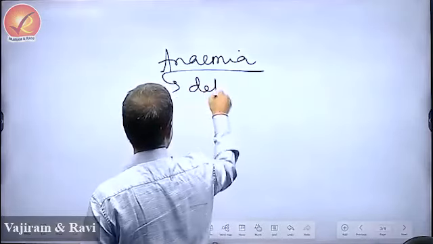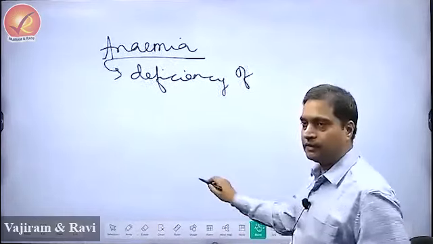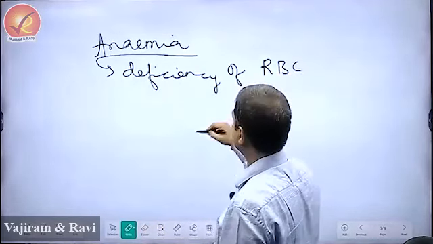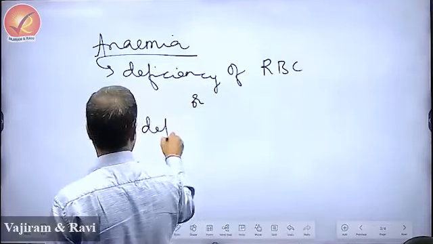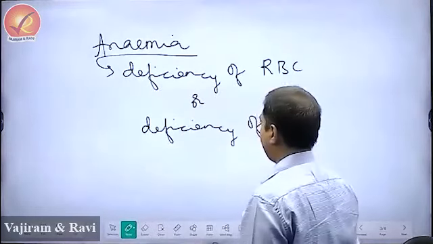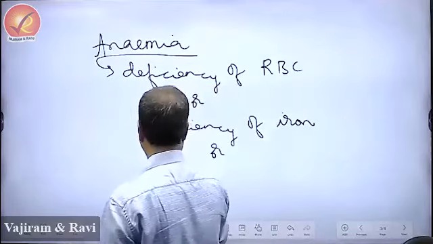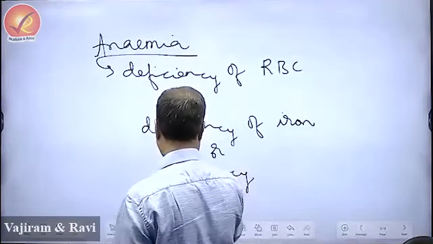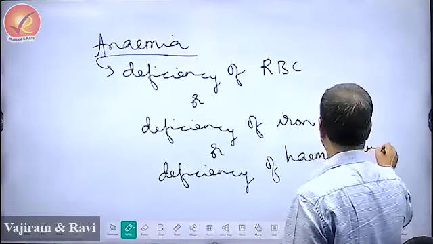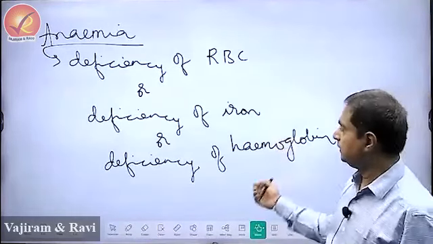Anemia means there is a deficiency of RBC, deficiency of iron, or deficiency of hemoglobin.